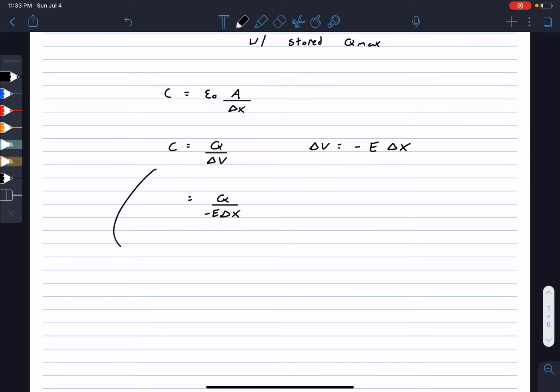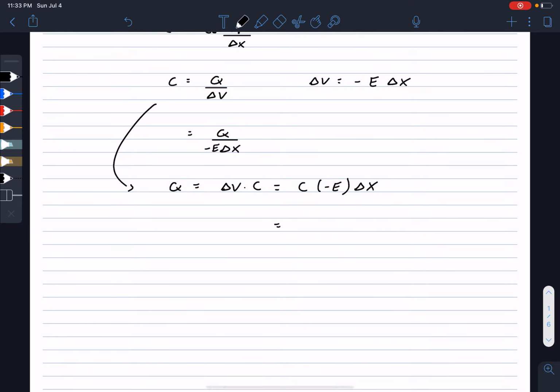So we can take this and plug this into Q is equal to delta V times C. That's also equal to C times negative E times the change in the distance.